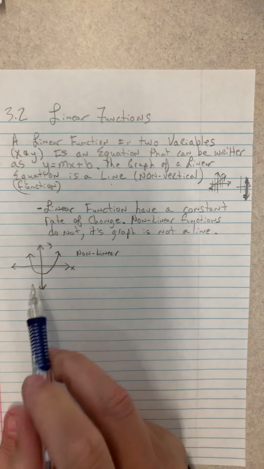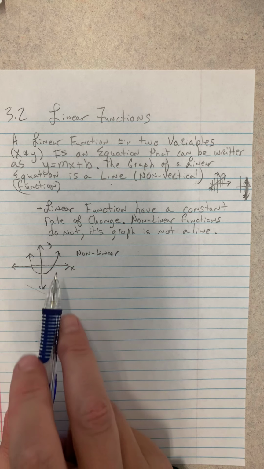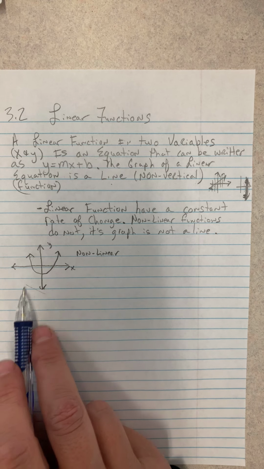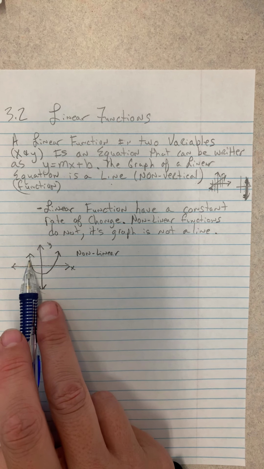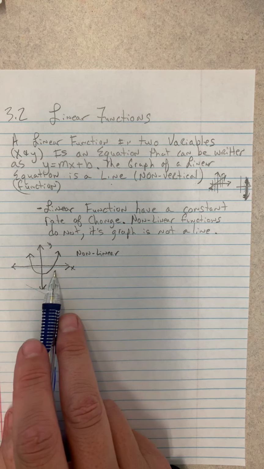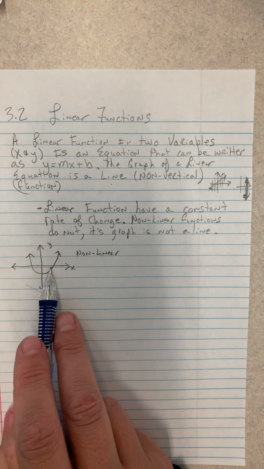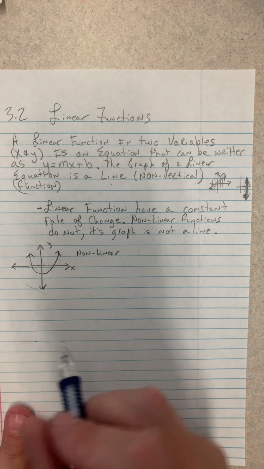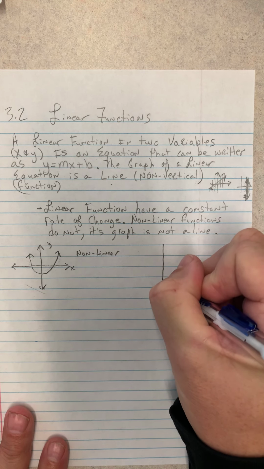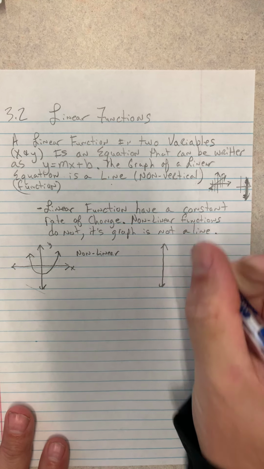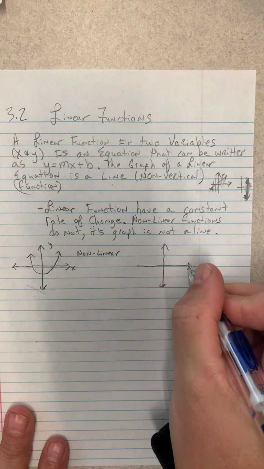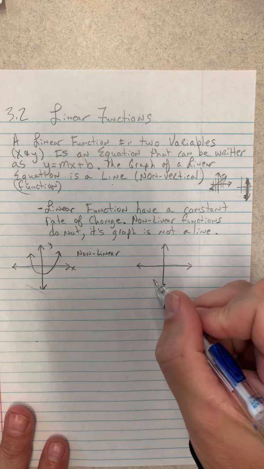Why is it nonlinear? Because it ain't a line. It's a U. It doesn't have a constant rate of change. It's curved. The rate of change is ever changing. It is not consistent. It's not constant. It's not changing by the same amount every value of x.